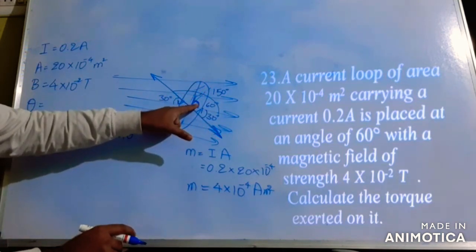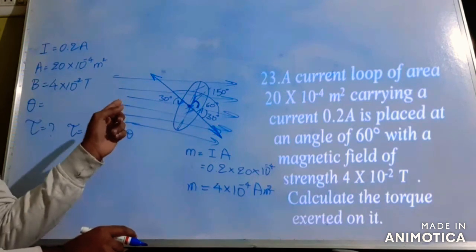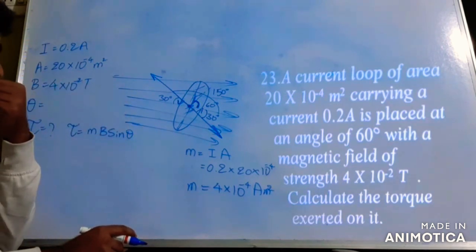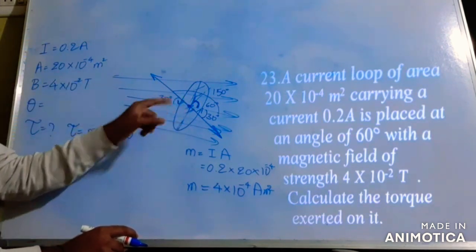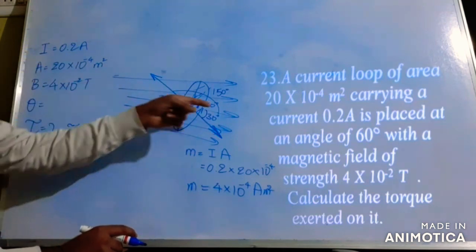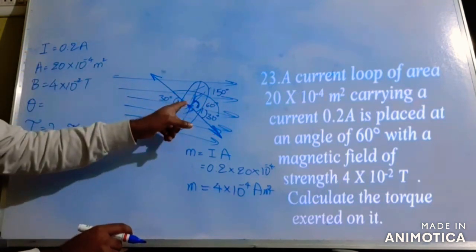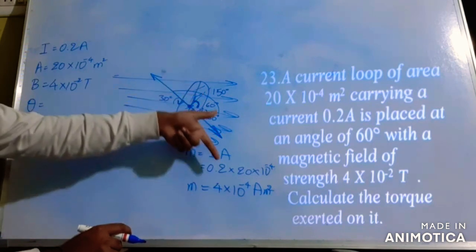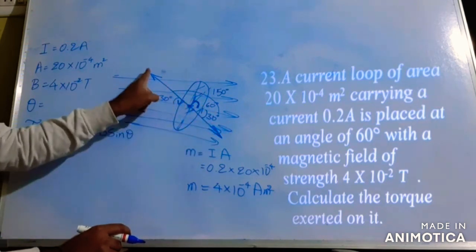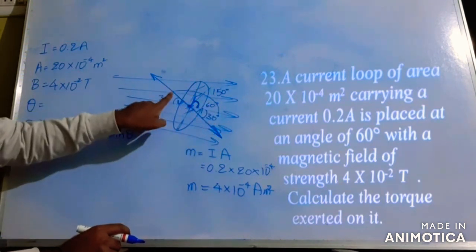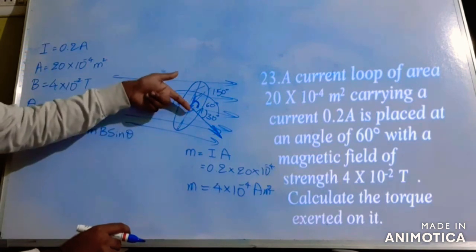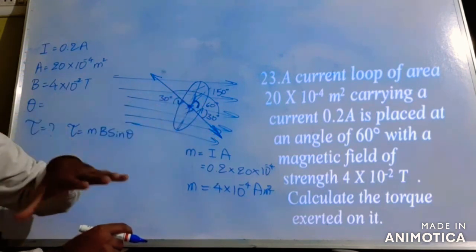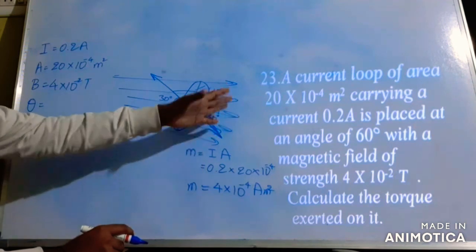But what we need is the angle between the area of the loop and the magnetic field. And the area's direction can be either like this or like this. If I take the area direction like this, the total angle will be 150 degree. If I take the direction of the area like this, that would be 30 degree, because the direction of current is not specified.